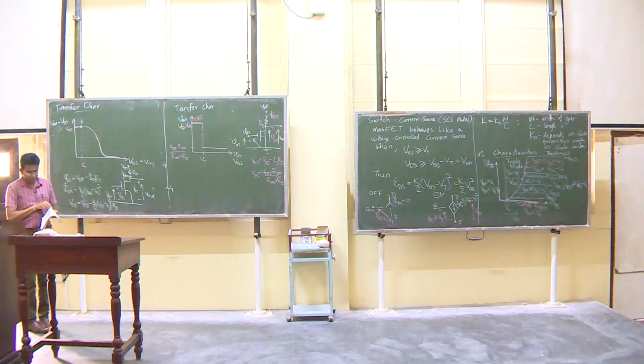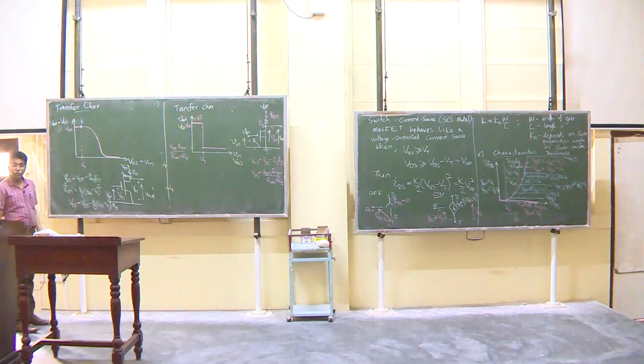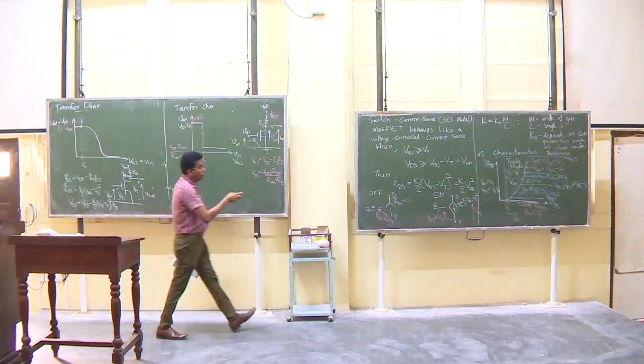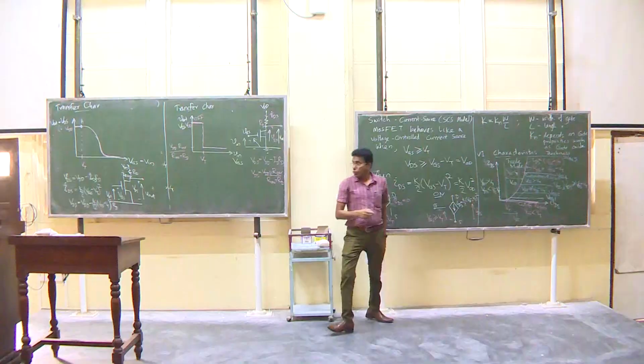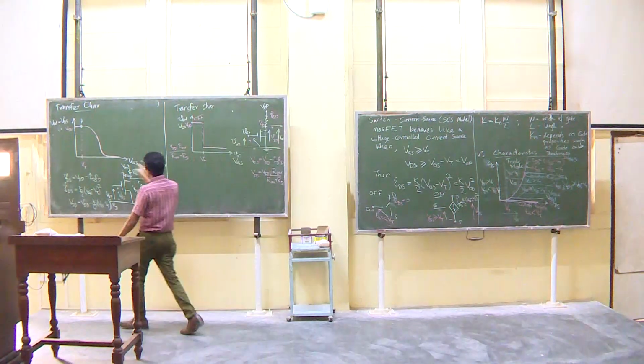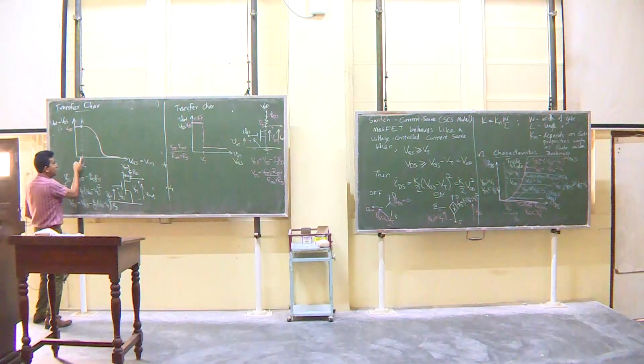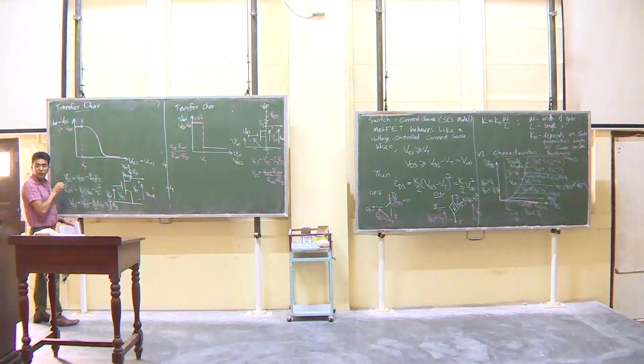To find that point, we know when that happens: VDS has to be equal to VGS minus VT. So, whatever is here is V overdrive.